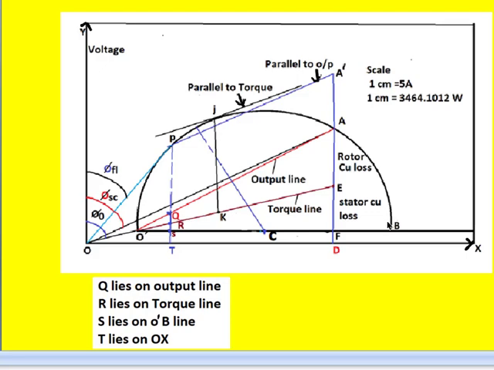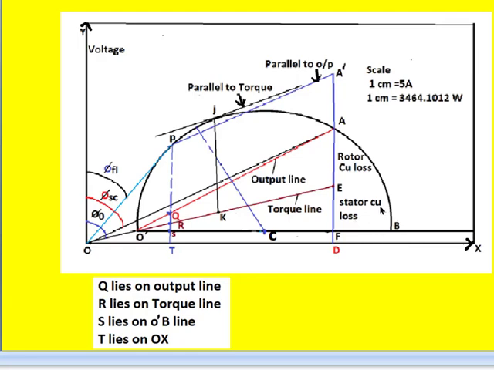Then draw a parallel line from point A to the y-axis so that it cuts the x-axis at point D like this. Similarly, it cuts O dash B at a point called F, and then divide AF in the ratio of rotor copper loss to stator copper loss.